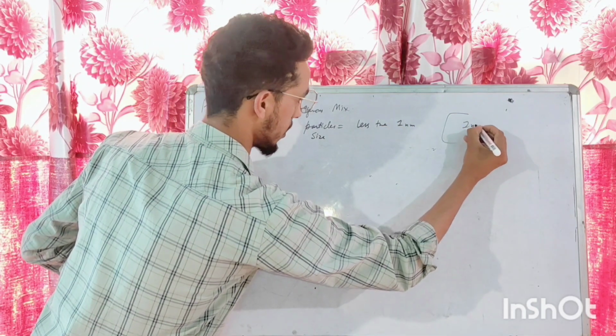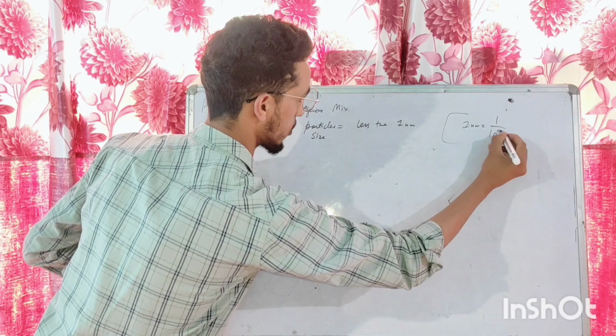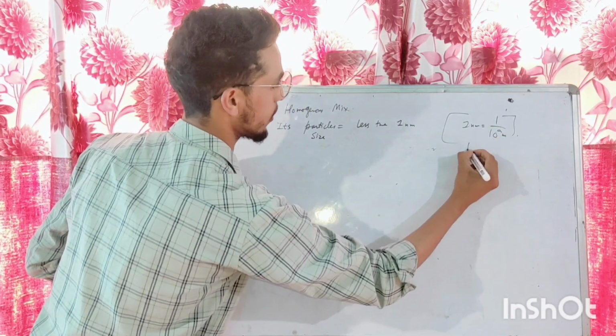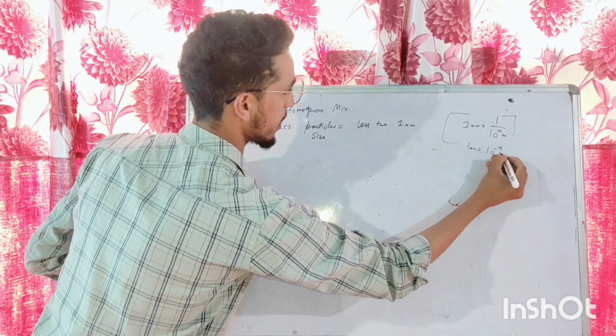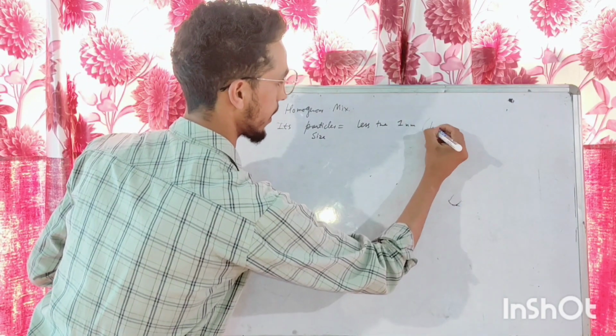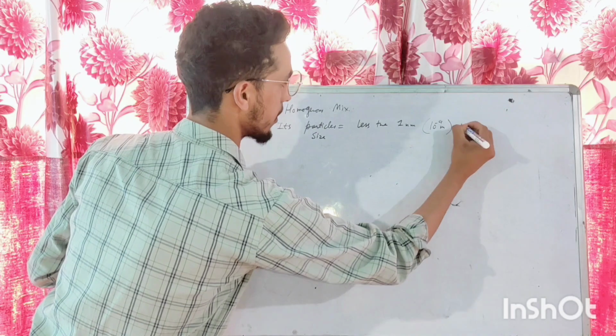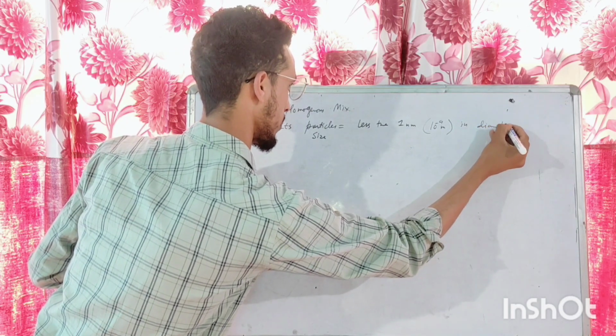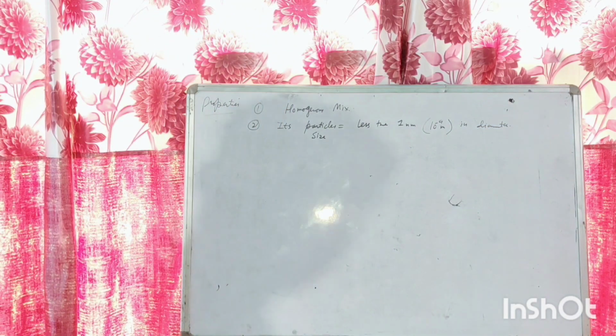And remember, 1 nanometer is equal to 10 to the power minus 9 meter in diameter. Please remember this thing, in diameter. So first, it is a homogeneous mixture. Second, its particle size is less than 1 nanometer.